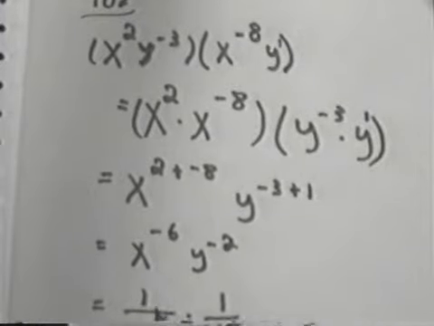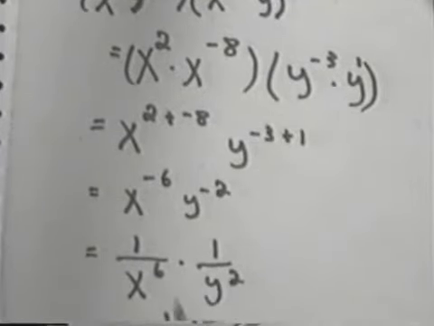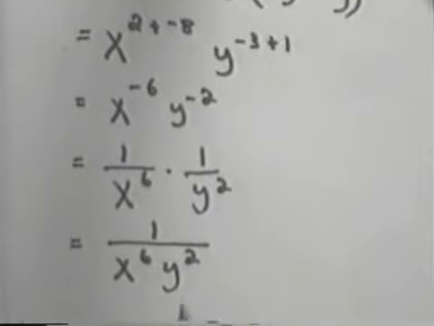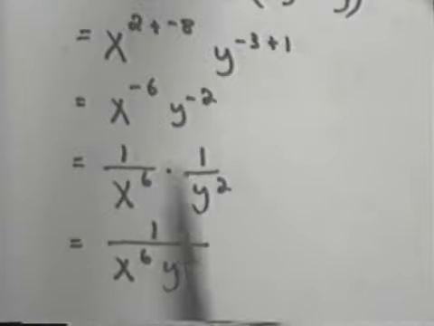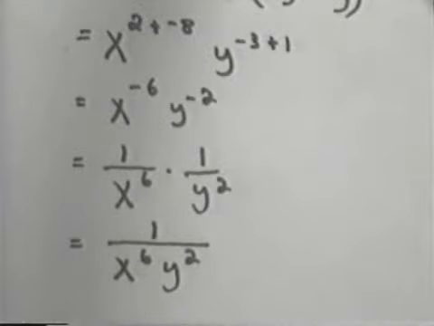So x to the negative 6 is 1 over x to the 6th, y to the negative 2 is 1 over y squared. Now multiplying, I finally get the answer as 1 over x to the 6th y squared. 1 times 1 is 1, x to the 6th times y squared is x to the 6th y squared. Since these bases are different, I cannot simplify further.